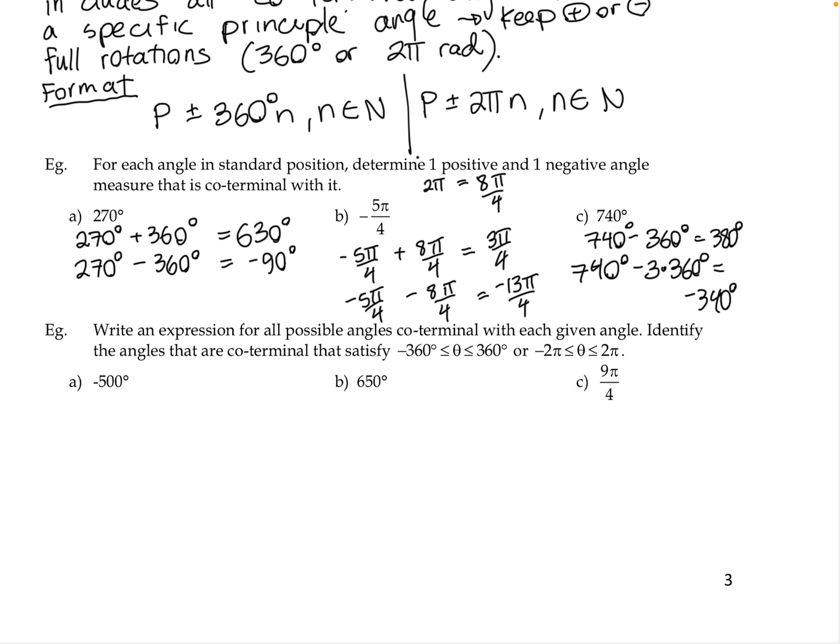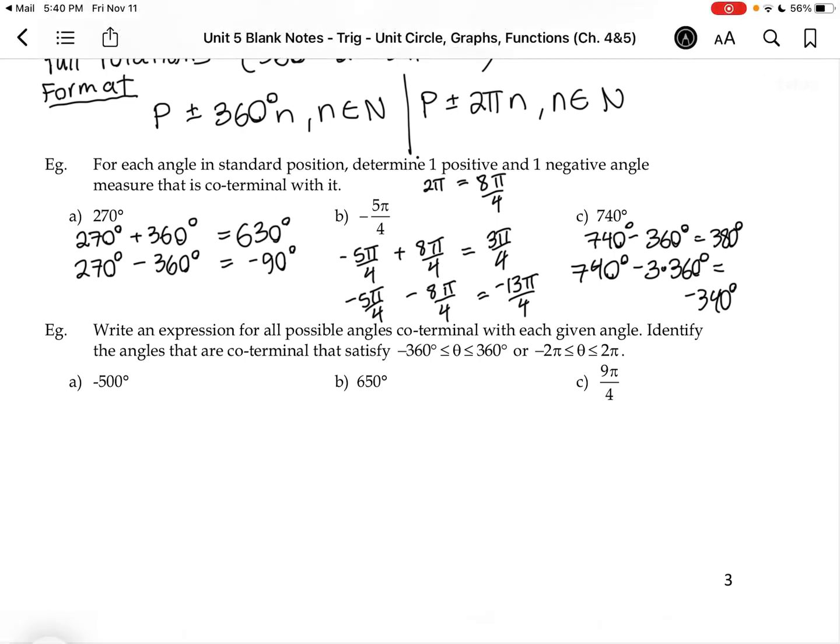Okay, so I'm going to start with the negative 500. That's outside of my domain. So I will start by adding 360 degrees. And that gets me to negative 240 degrees. And then from negative 240, I'll add another 360 degrees.